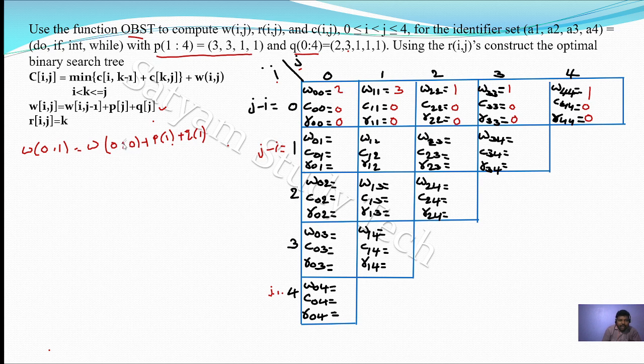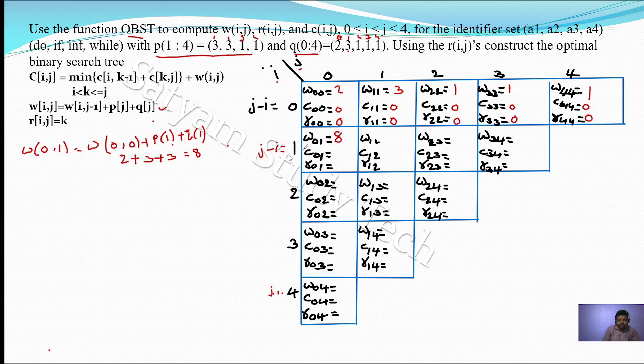W of 0 0 value is 2, you know already. Then p of 1: here p is indexed 1, 2, 3 and 4, and q is indexed 0, 1, 2, 3 and 4. The p of 1 value is 3, so that is 3, plus q of 1, whose value is 3, so the total is 8. So w of 0 1 value is 8 now.